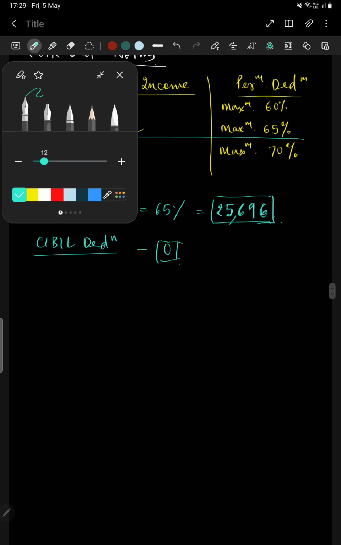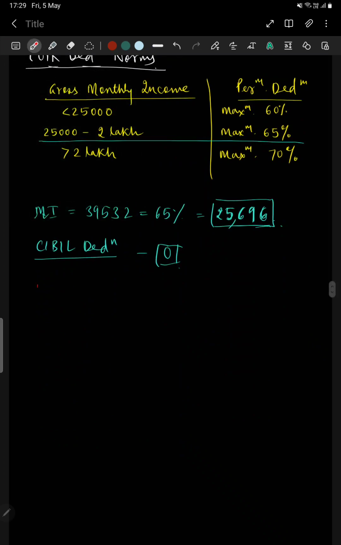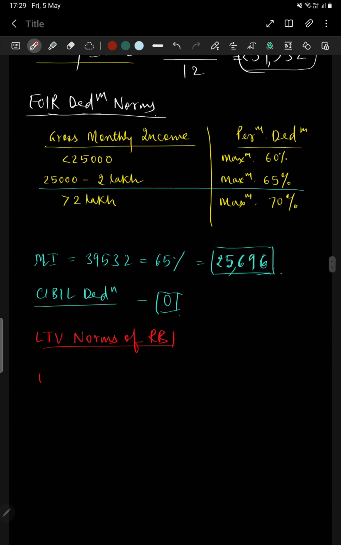Now comes the new LTV norms. What does the new LTV norm say? The new LTV norms of RBI simply say that if the amount is up to 30 lakh rupees, then the LTV ratio would be 90%, so automatically the margin will come to 10%.